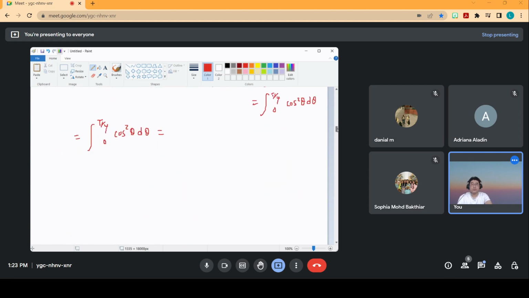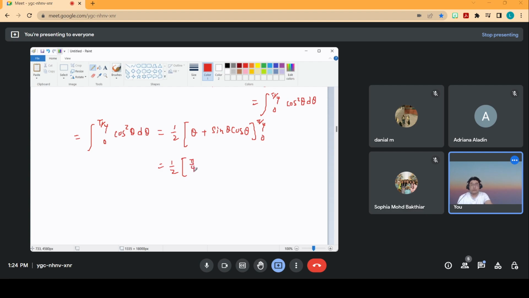So we continue: 1 over 2 of theta plus sine theta cos theta with pi over 4 and 0. And by the way, don't expect that you have this in the formula booklet. You don't have this in the formula booklet.